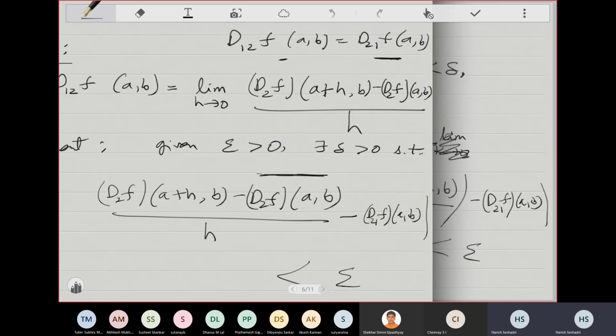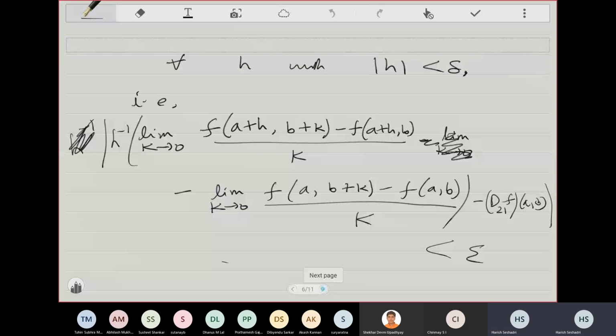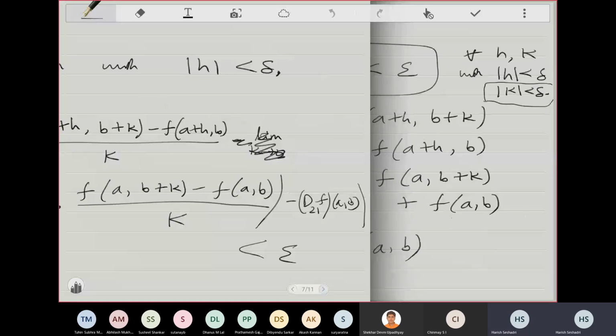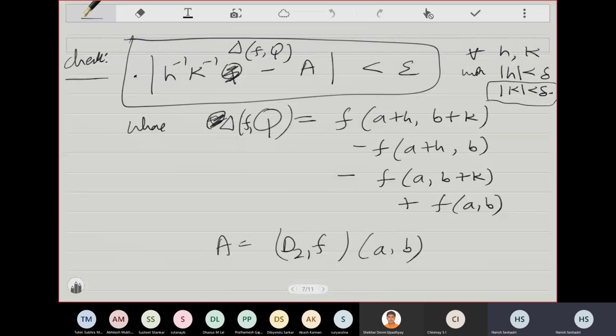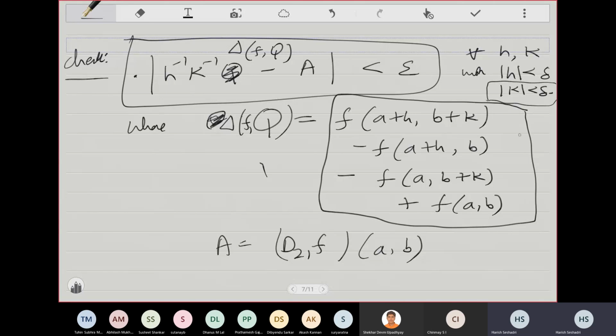So you'll get 2 things, h and k, which are going to 0. Then you define, just for convenience, this notation. The heart of the matter is estimating this quantity here, using the mean value theorem twice. There are 4 terms here. Use mean value theorem 2 times and simplify. That's it.